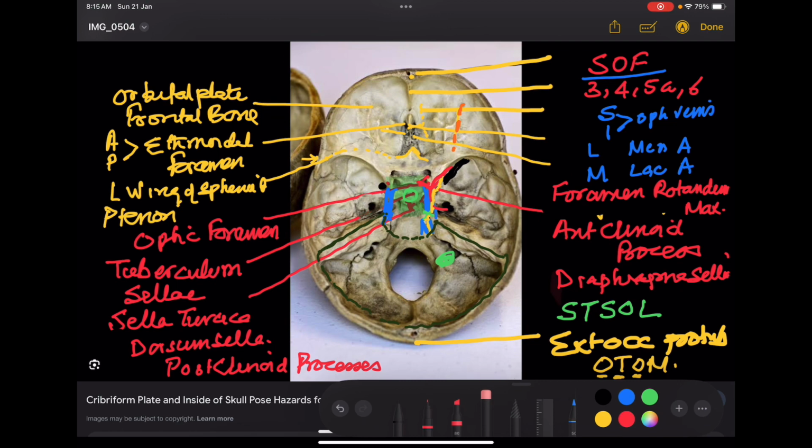Here you see the foramen ovale, this one.